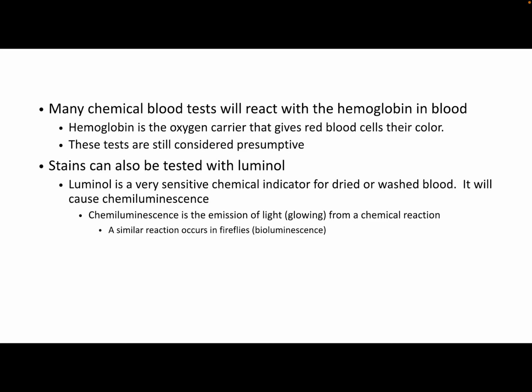Blood stains, so dried blood, can also be tested with luminol. And we've mentioned luminol whenever we did impressions, but luminol is a very sensitive chemical indicator for dried or washed blood. So if you remember indicators from chemistry with acids and bases, whenever an indicator came in contact with an acid or base, it changed color. This will do the same kind of thing, but luminol instead causes chemiluminescence. Chemiluminescence is the emission of light or glowing produced from a chemical reaction.